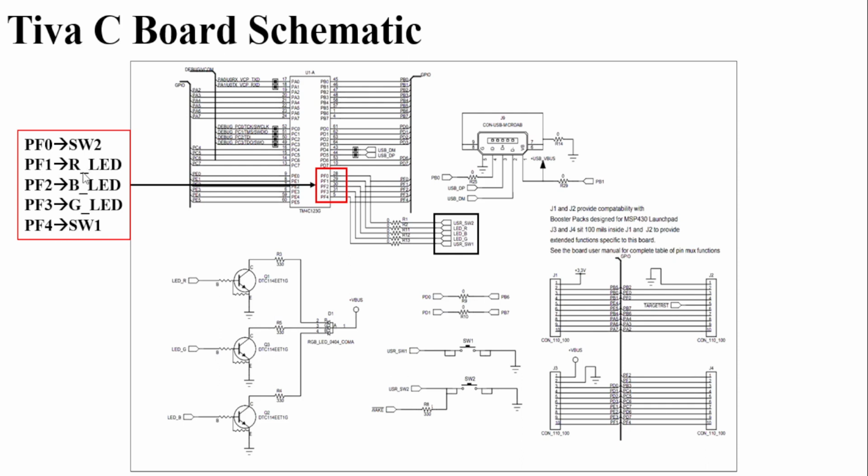Then we have three LEDs, PF1, PF2, PF3, which are connected to red LED, blue LED and green LED. So if we have to blink an LED, we have to first choose one of these ports and then we will have to blink the LED on that particular pin.